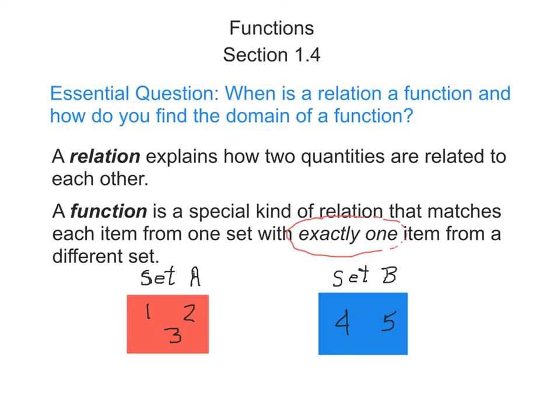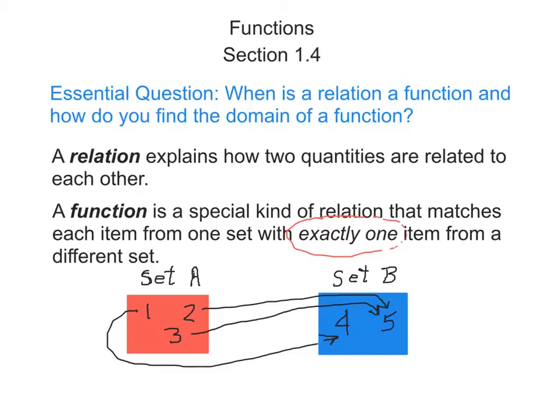So we could say that from set A, 1 would correspond to 4. Okay, 2 would correspond to 5, and we could even say that 3 corresponds to 5.